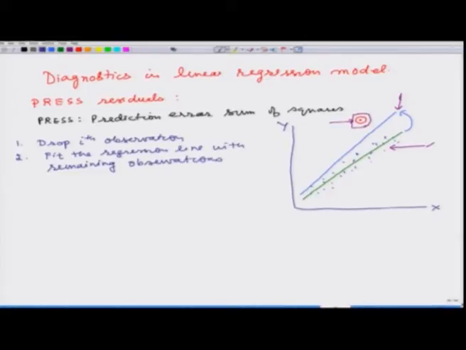In the third step, using the fitted model obtained after removing the ith observation, we compute the predicted value, which we denote as y hat with i written inside the bracket, to denote that this is the fitted value of y_i based on all the observations except the ith one.